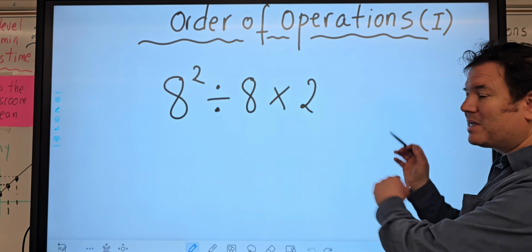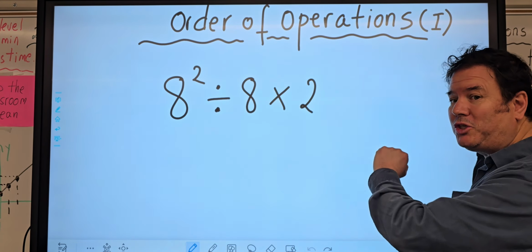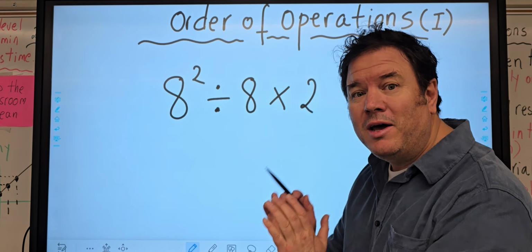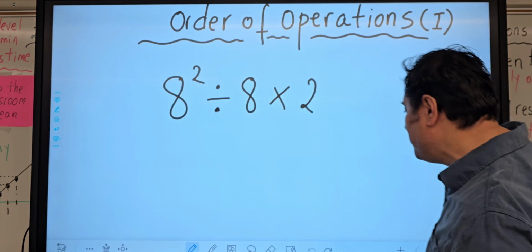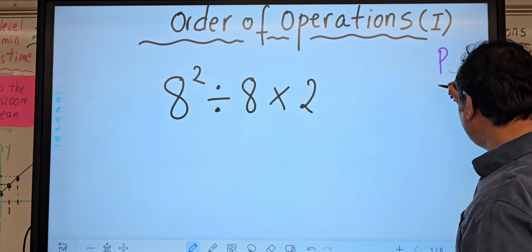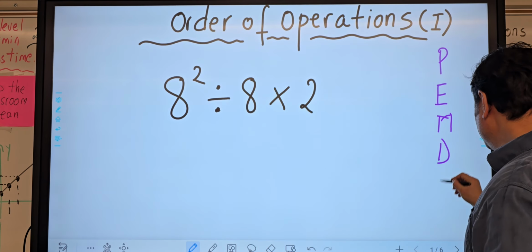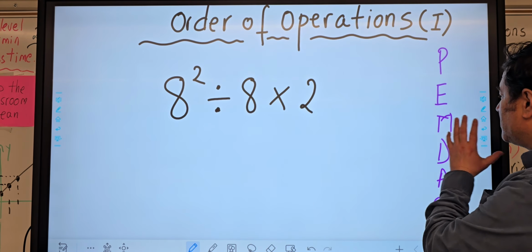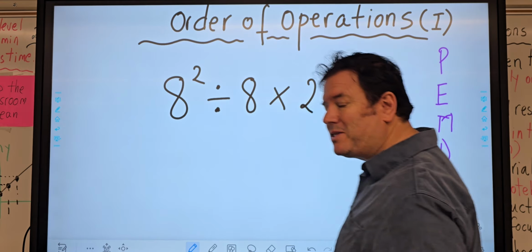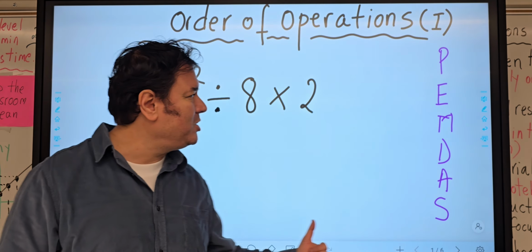Anytime we solve this type of problem, we have an order of operations. And to help us out, we have a lovely acronym called PEMDAS. I want you to write this by the side of your paper, because it will always help us remember the order of operations.